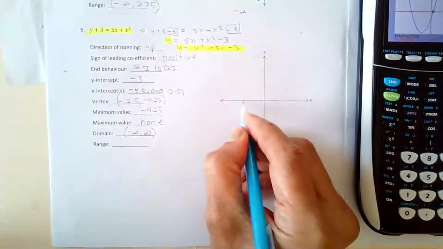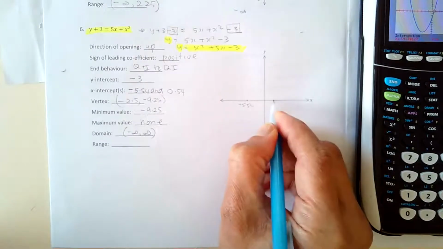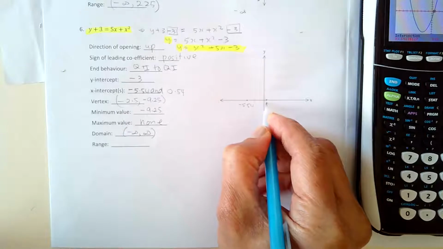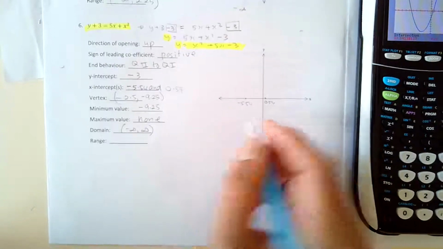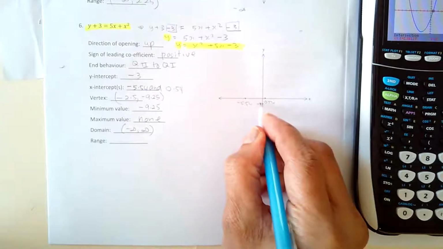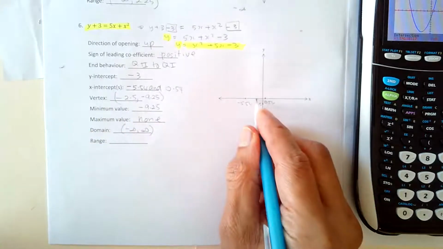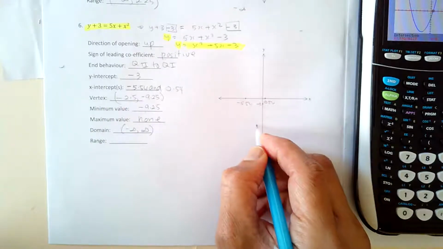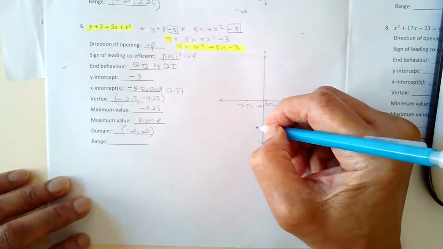So here we have -5.54, 0.54. The y-intercept is -3 here, and the vertex is -2.5, -9.25. So this would be my sketch.